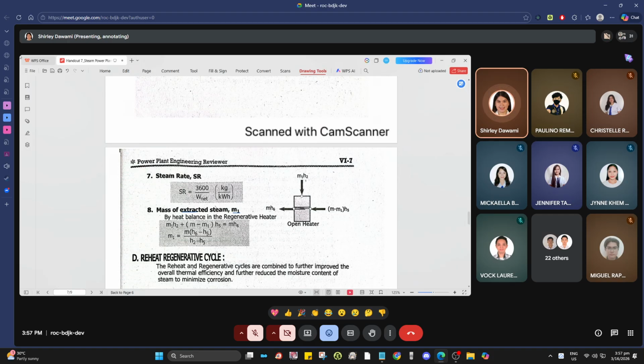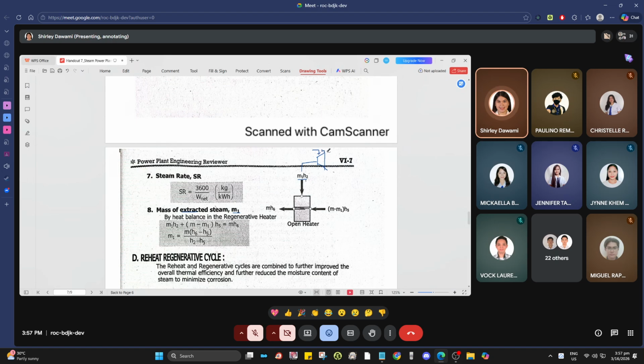Okay? So let's say we have an open heater, feed water open heater. So this is musod dira ang M1 H2. Okay, M1 H2 kay mao man ni ang gikan sa turbine, no? Okay, di ba naman diri ang H1.